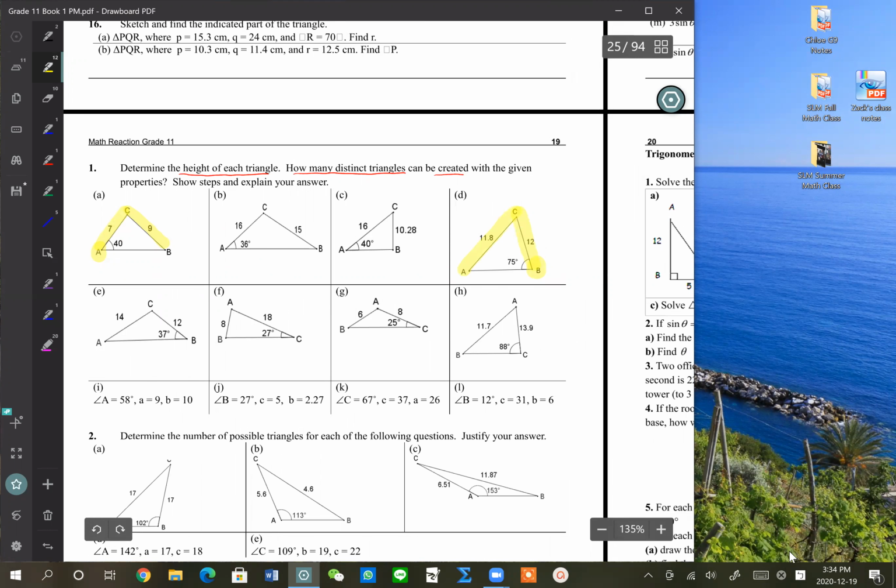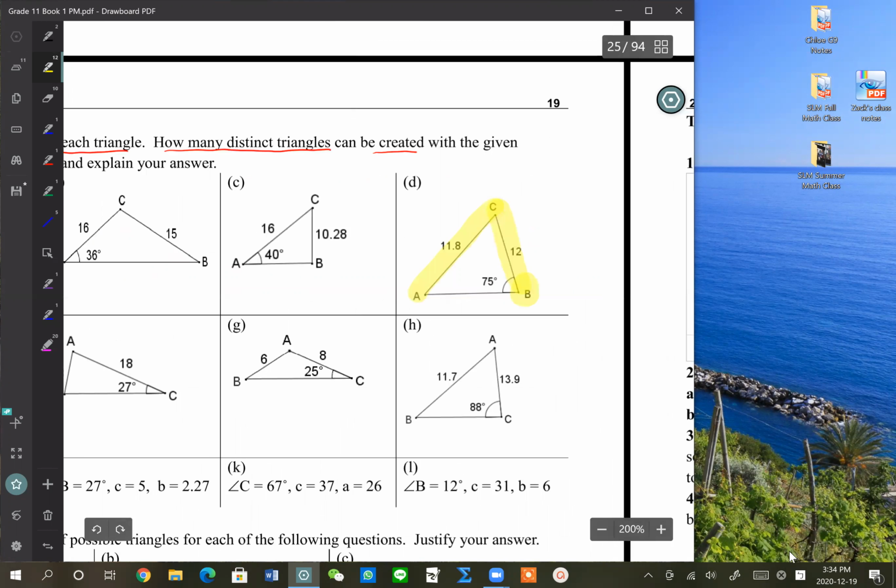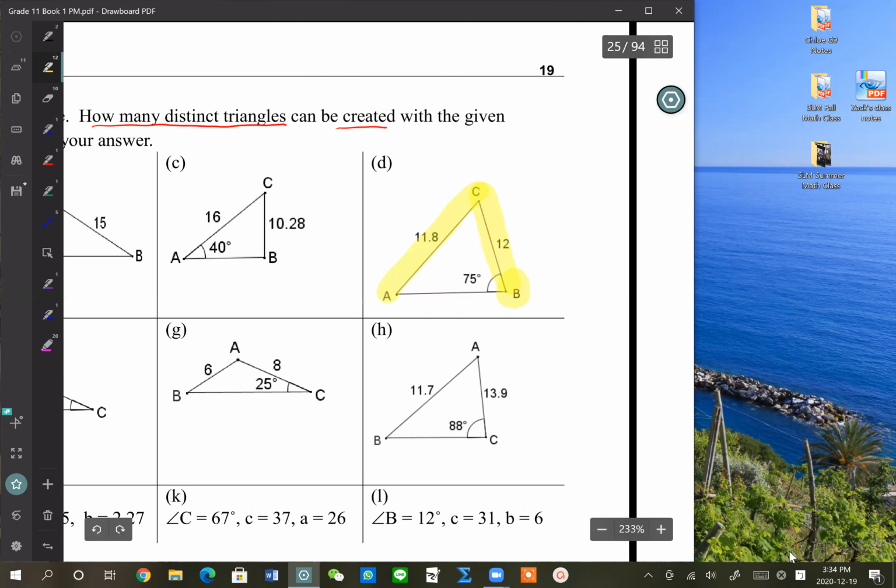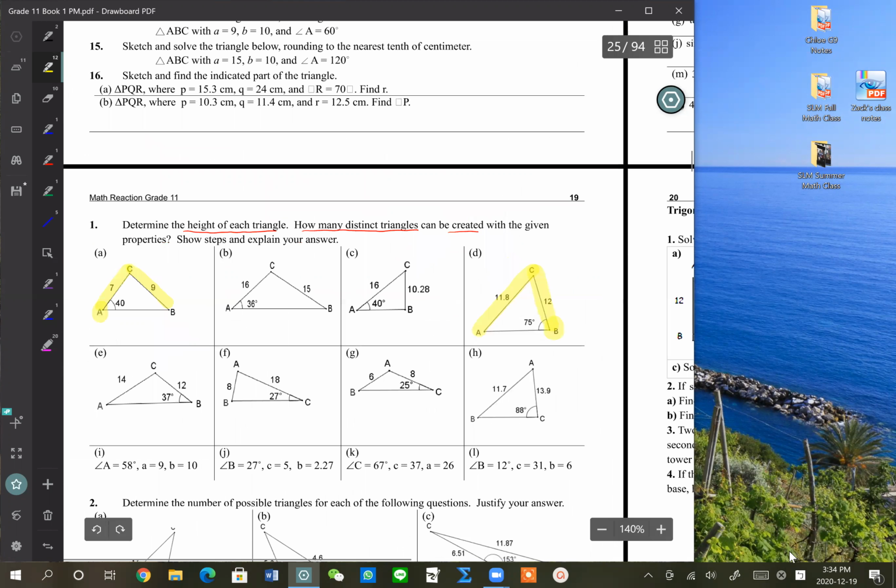Angle, side, side. Which number is the door? 11.8. Yes, okay. So this time the door will be 11.8, and your height will be the one still here. You find the height and compare the door with the height and hypotenuse.